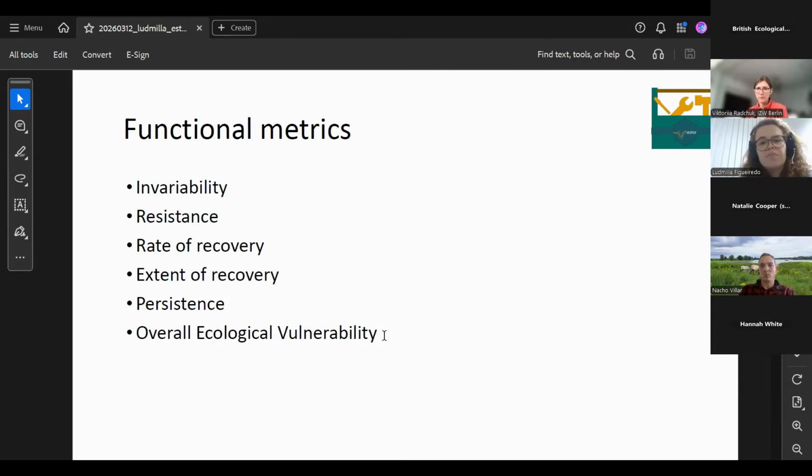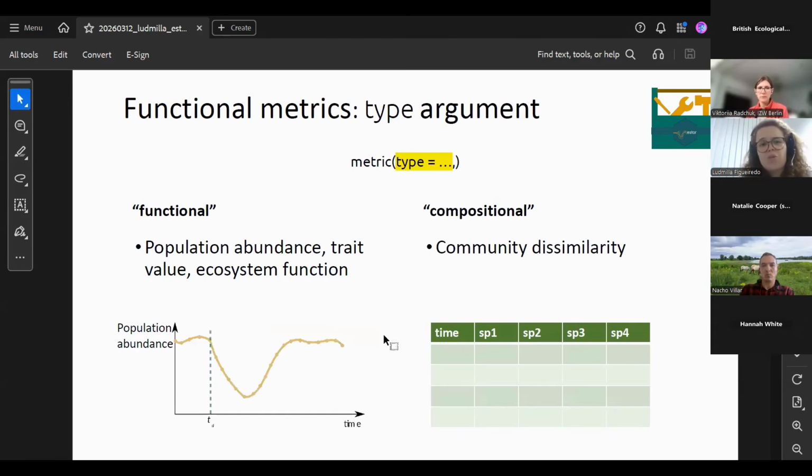The time series that you use as an input to the function is already a determinant of the type of variant you're calculating. And by this, we actually use the function syntax to identify it. You'll see later that all of our functions have their names, here represented by metric. One of the first arguments you have to give is the type of metric you want to calculate.